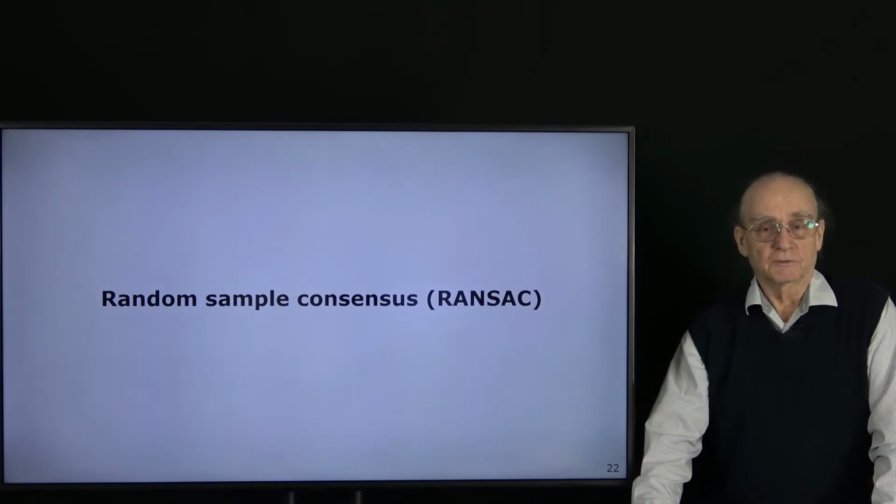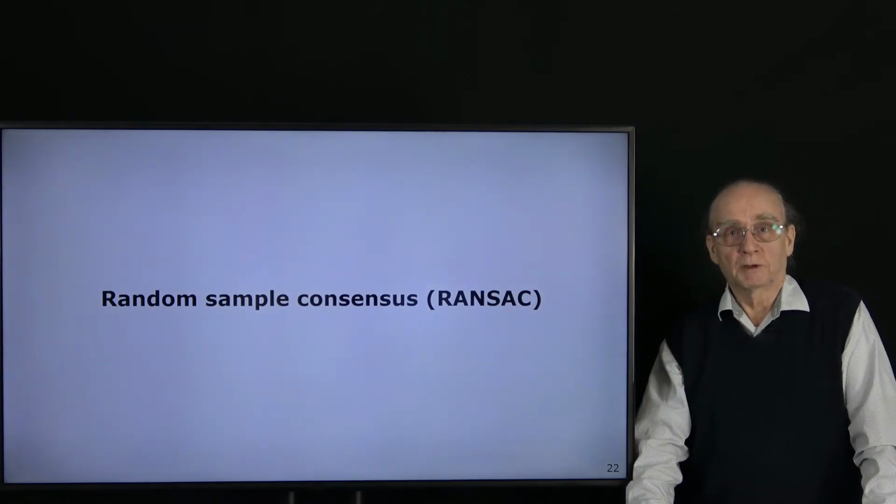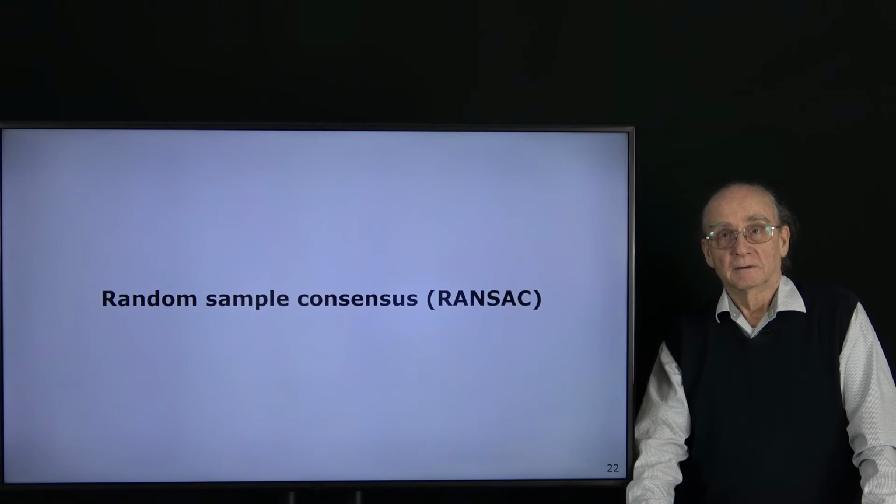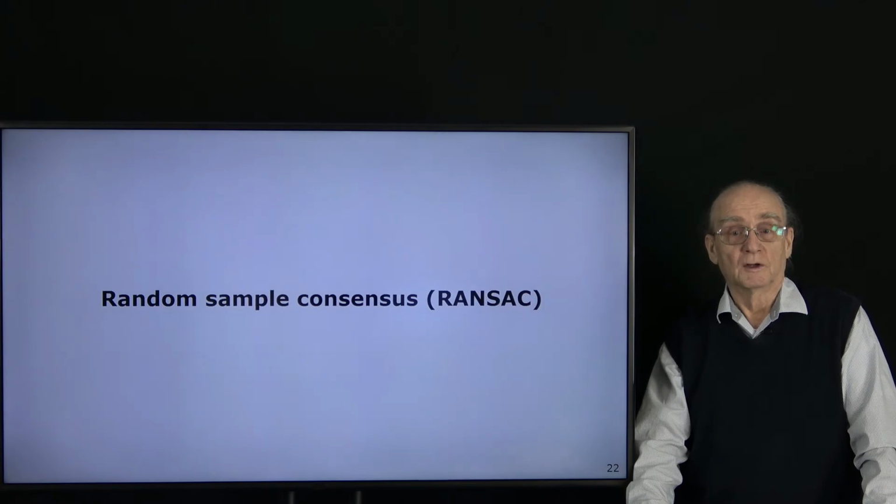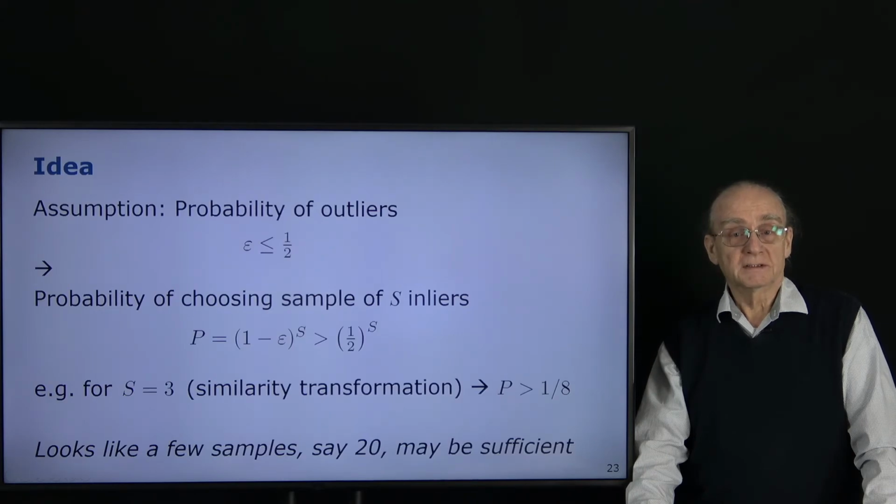The disadvantage, of course, is that we have 2 power I configurations, which is fine for 10, which might be fine for 12 or 14, but certainly not for 20 or even larger, because then the number of alternatives which we have to check is just too large. So there is another method.